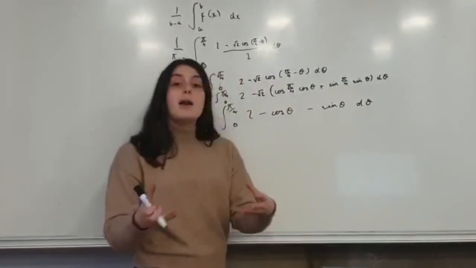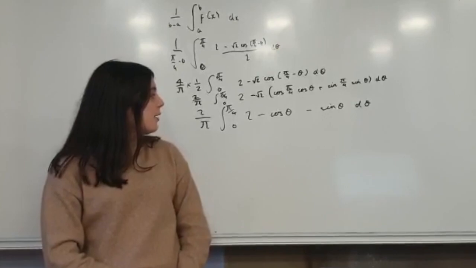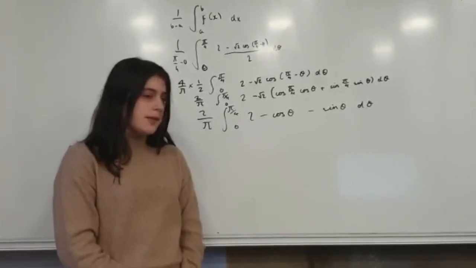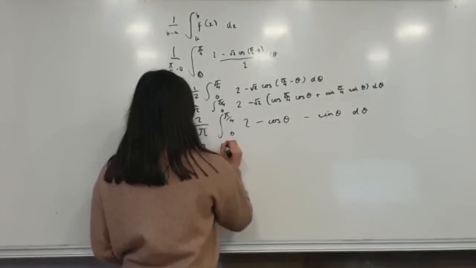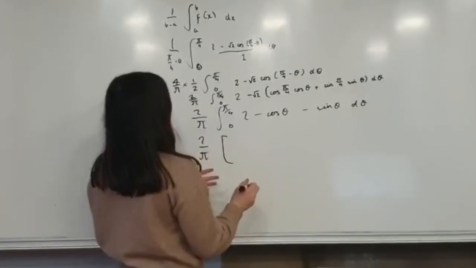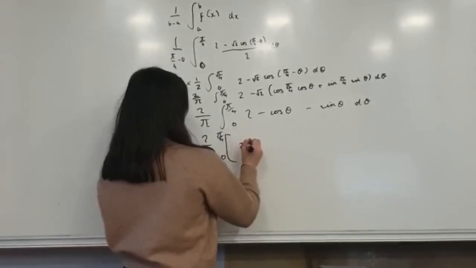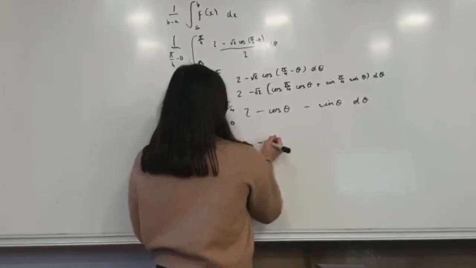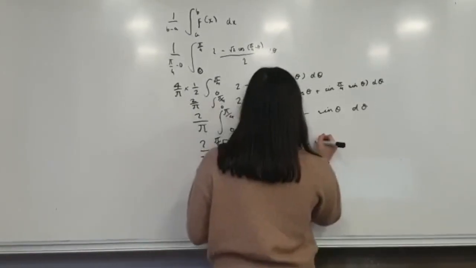Now the integral of minus sine theta is cos theta, and the integral of minus cos theta is minus sine theta. So we are left with 2 over pi times, between pi over 4 and 0, of 2 theta minus sine theta plus cos theta.